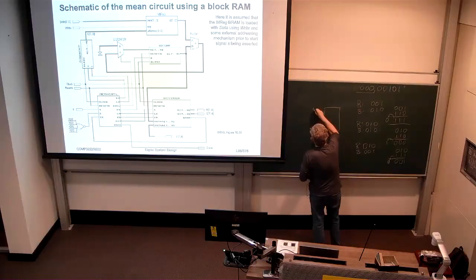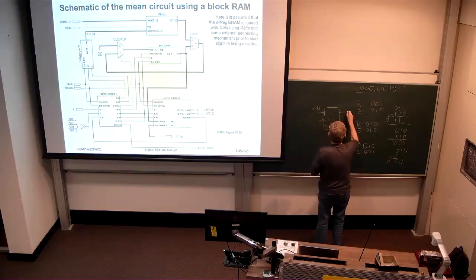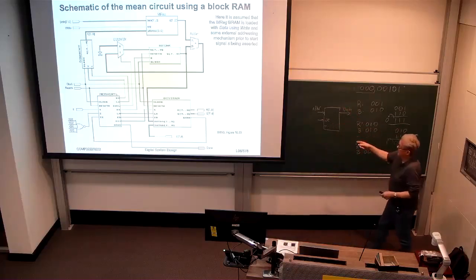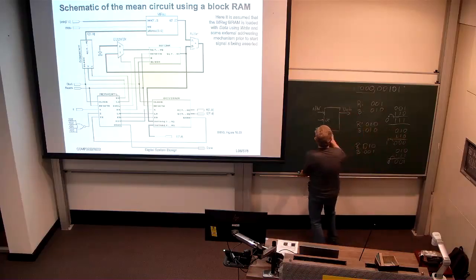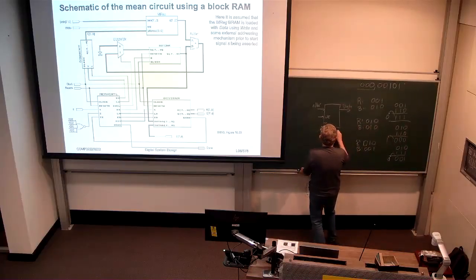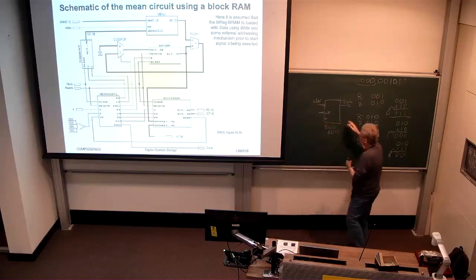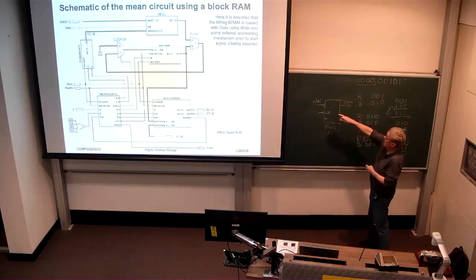with an address, a write enable usually, a clock obviously, and we can read some data out of this. What's nice about these block RAMs is that we can change the aspect ratio of the address and the data.